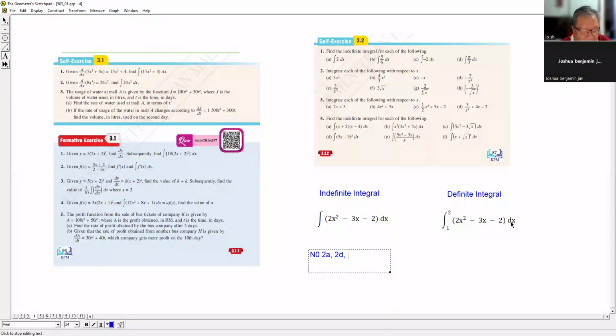Fraction is 2F. So you try these questions, right? You copy down the question, then I flip to the previous page to show you how to integrate. You copy these 3 questions, 2A, 2D, and 2F.